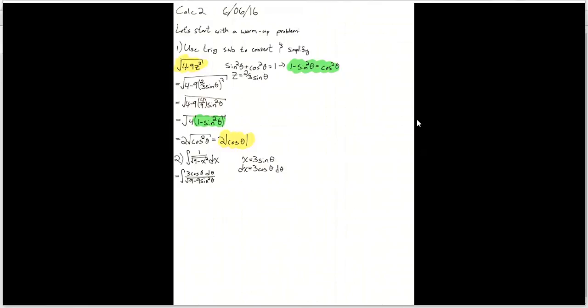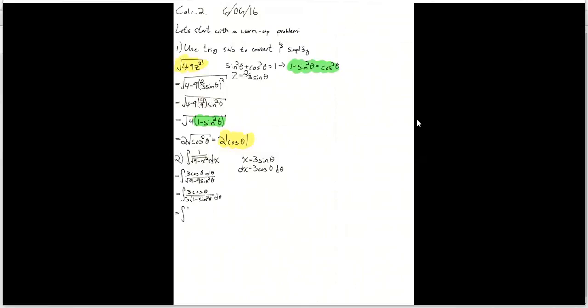And when we go ahead and simplify this a little bit, we have 3 cosine theta, and then on the bottom, we're going to pull out a 3 out of the radical, and this is a 1 minus sine squared theta, d theta. Using the same kind of identity that we had before, we know that 1 minus sine squared is actually just cosine squared.